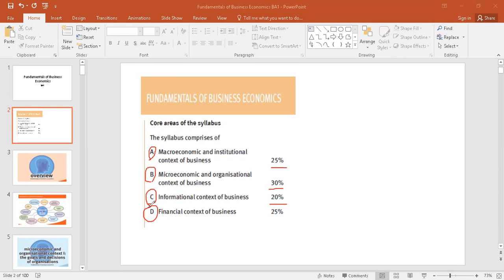So it's not just at the macro level and micro level about the organization and the business, but we will also have to look in detail at other aspects, like the accounting part or the statistics part. Those things also come into the picture.